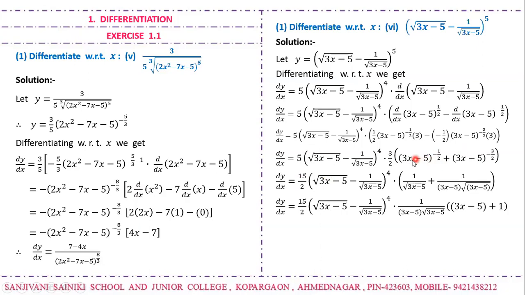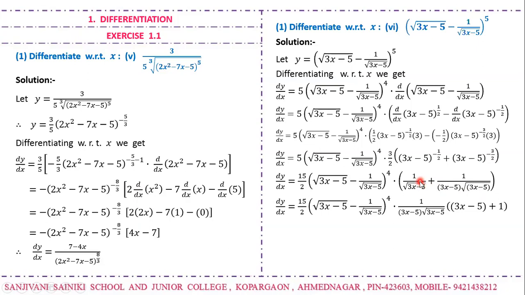Here (3x − 5) raised to minus 1 upon 2 can be written as 1 upon root (3x − 5). And the 3 by 2 in the denominator, we will split into 1 plus 1 upon 2. 1 means (3x − 5) raised to 1, and 1 upon 2 means the square root of 3x minus 5.